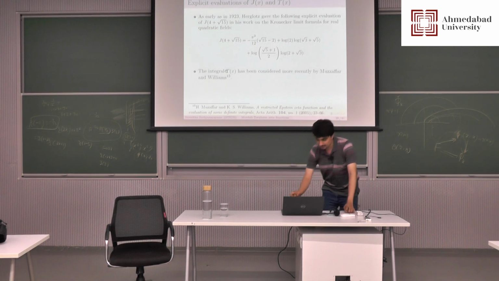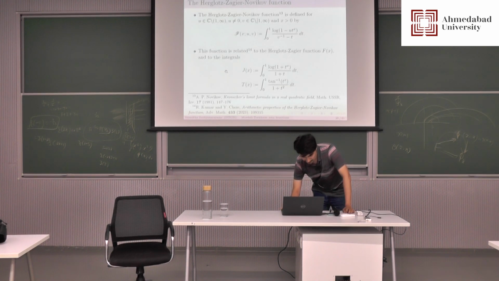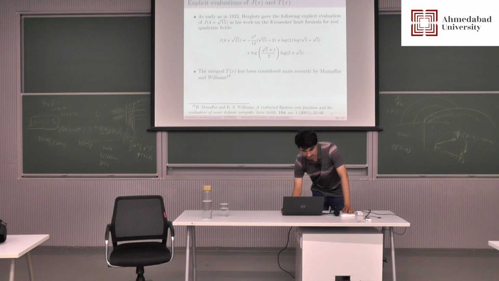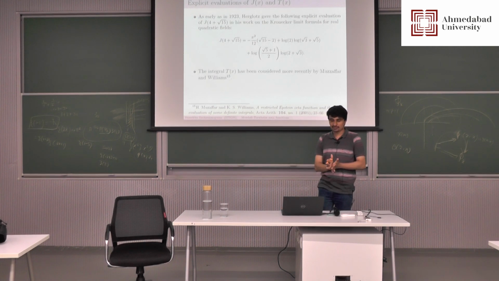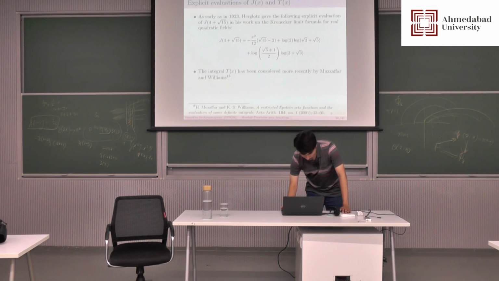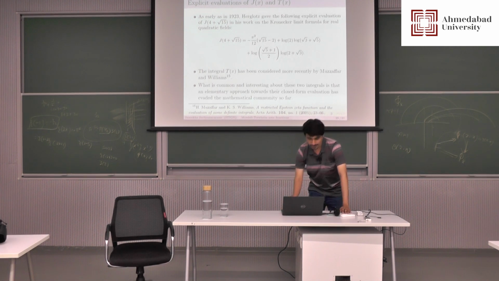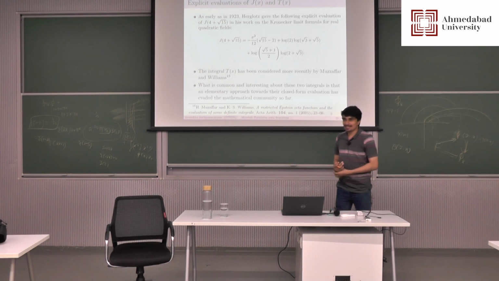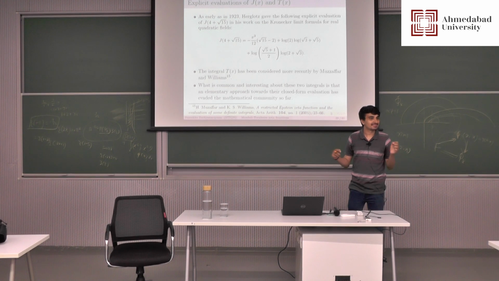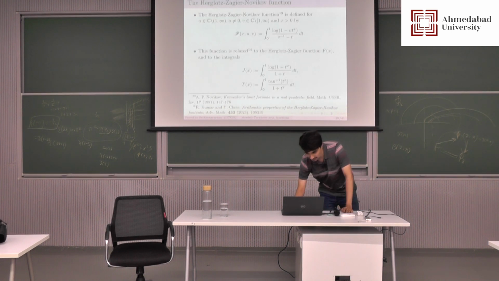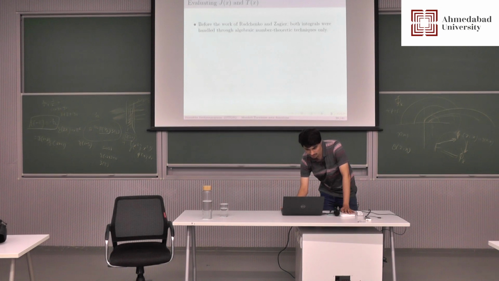Then there is one more integral, T, which I mentioned. This was later considered recently by Muzaffar and Williams. What is special? Let me come to that. As I told, by an elementary approach you can't solve it. Although it looks very easy, there is no way to get the evaluations.